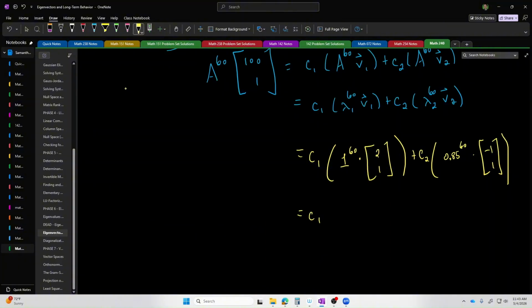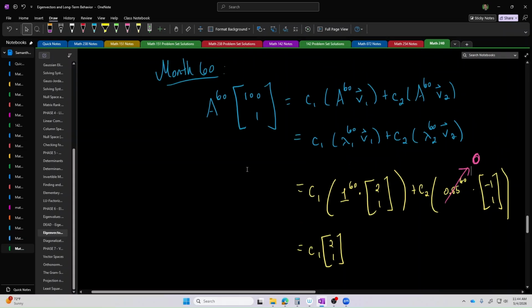So this first term is just going to be C1 times (2, 1). And look at what's going on in the back. I have this value of 0.85 being raised to the 60th power. I have a number that's already small, and it's being raised to a very large power. And when you raise a small number to a very large power, the result is very, very small, so small as to be practically 0. So this term in the back will approach 0 as time goes on.